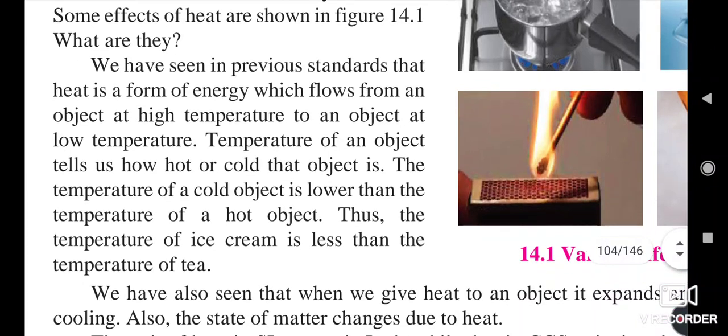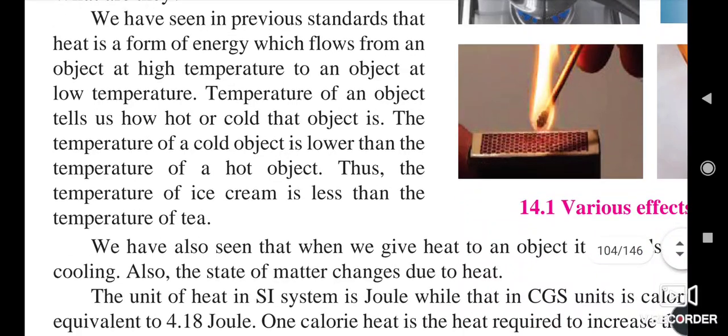The temperature of a cold object is lower than the temperature of a hot object. Thus, the temperature of ice cream is less than that of tea. This is a simple example of the temperature of different elements.